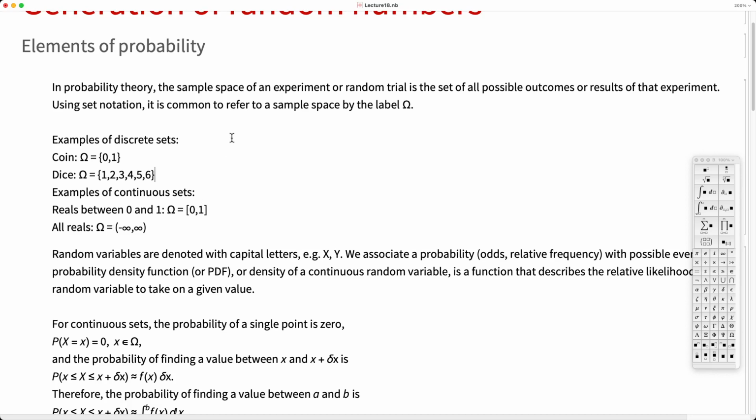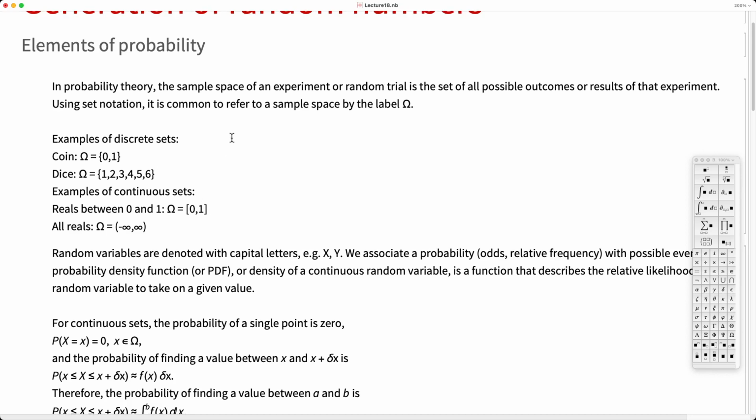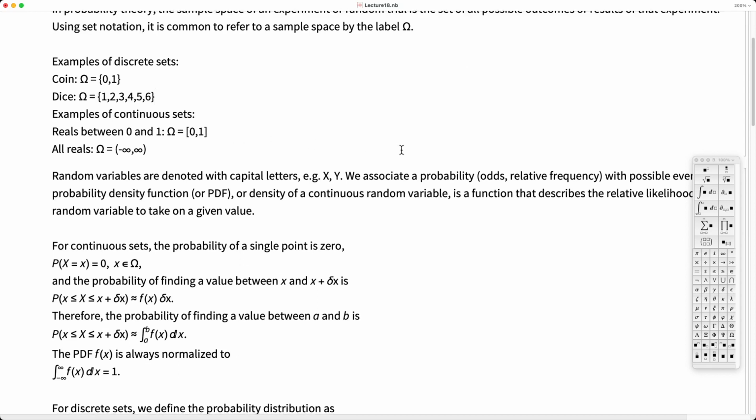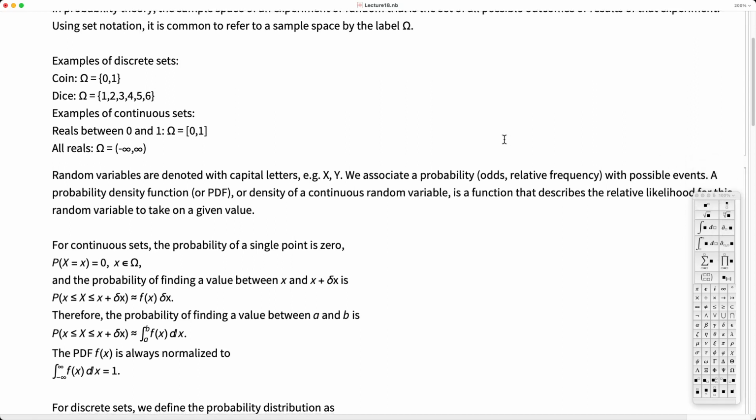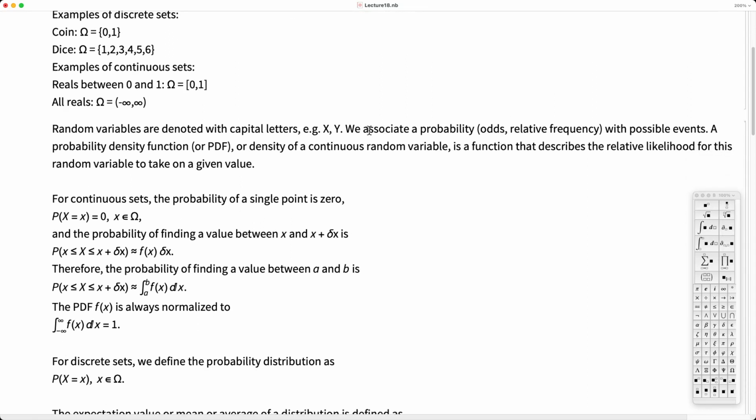We're going to use capital letters. That's a typical way to denote random variables in some probability theory texts. We associate a probability, that's the odds or relative frequency, with possible events.